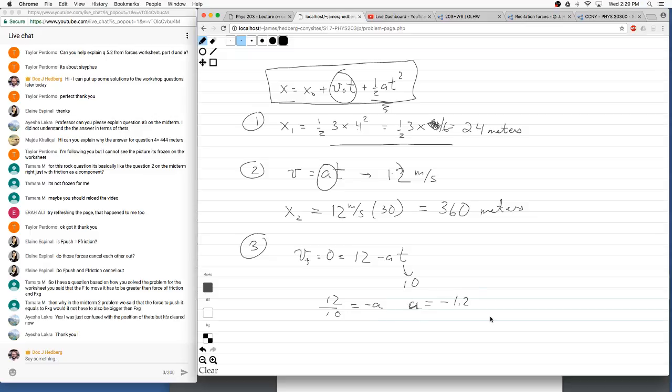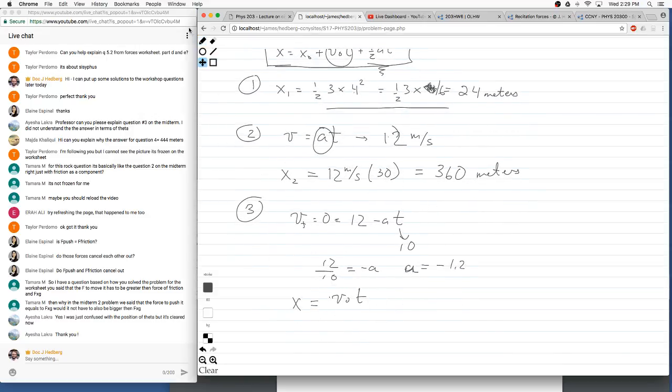The next step is to figure out how far that will be, how long a distance that takes, and again, we'll just use this same exact thing. So x equals v naught times t, which will be 12 meters per second, I'll just do the letters up here, plus 1/2 at squared.